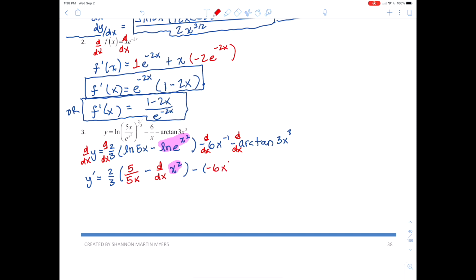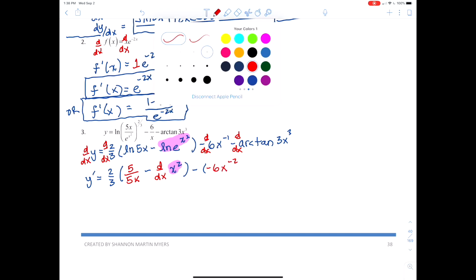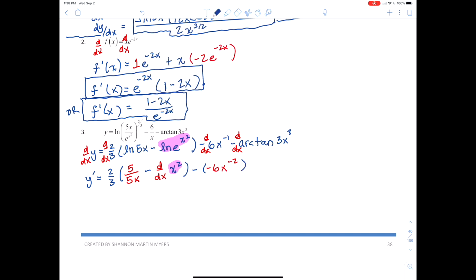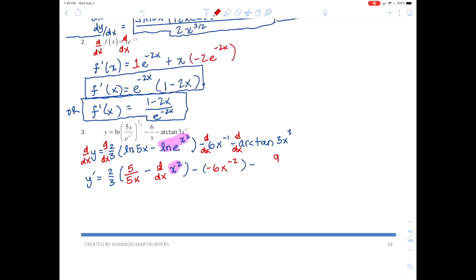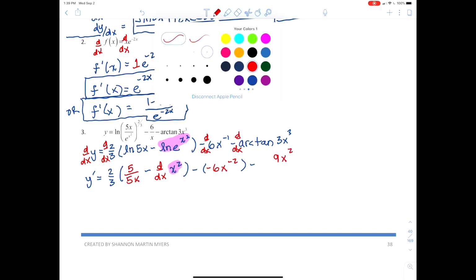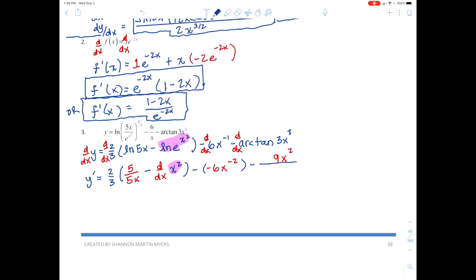Negative 6x to the negative 2. And then differentiating the arctangent, what's going to happen? I differentiate what's inside that inverse trig function, and that's going to end up being 9x squared over 1 plus the quantity 3x cubed squared. Cool so far?